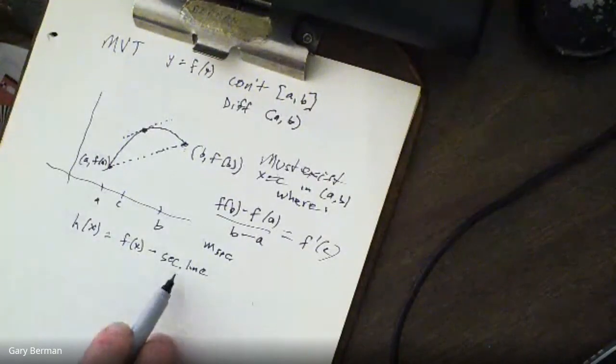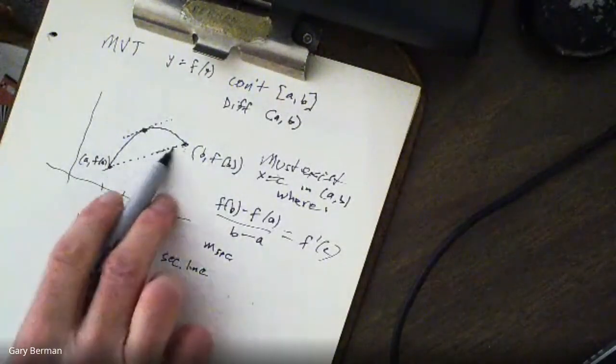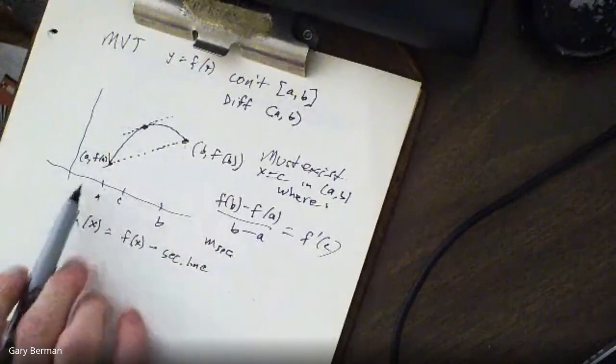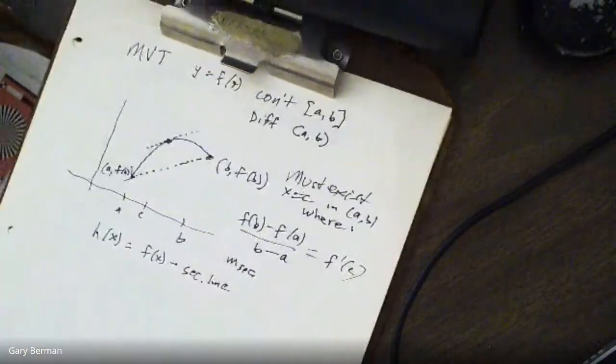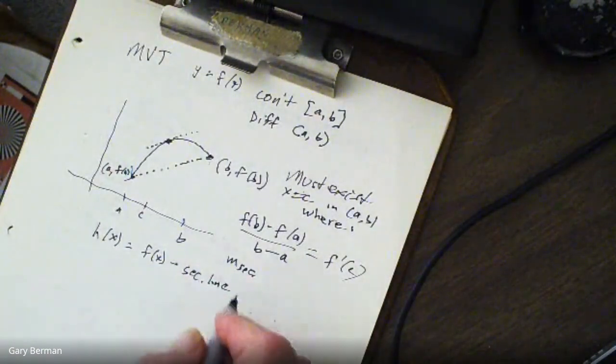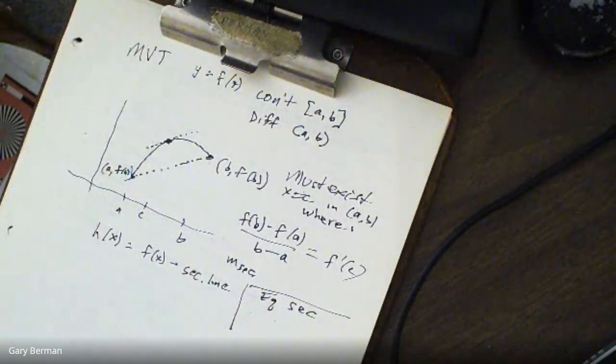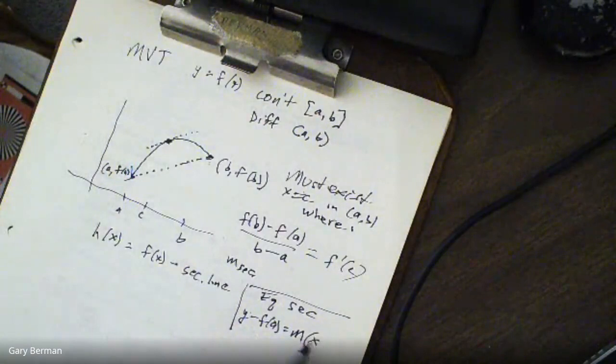All right. What's the equation of the secant line? Well, it's the equation of a straight line starting at a, f of a, ending at b, f of b. Okay, so if we use the point slope formula, the equation of the secant line is going to be y minus f of a is equal to the slope m of the secant line times x minus a.